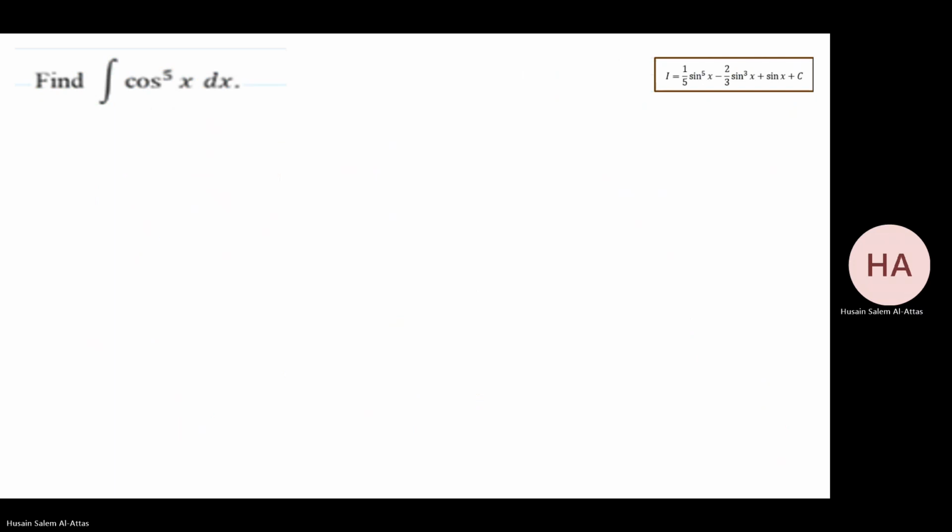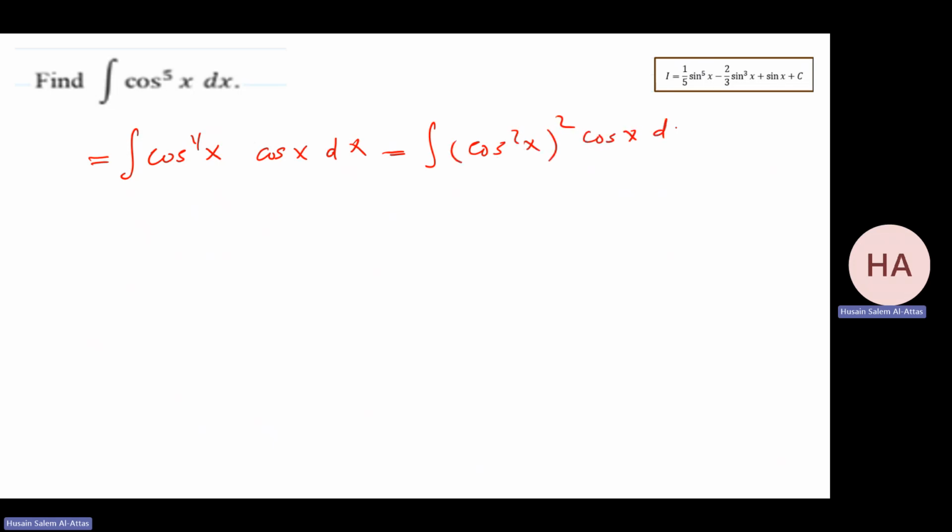Cosine odd power will be easier, huh? So I will save one cosine and then leave the remaining. Now the remaining I will write in terms of sine. It's cosine squared squared, yeah, we can do it in steps. Cosine squared squared cosine x dx.